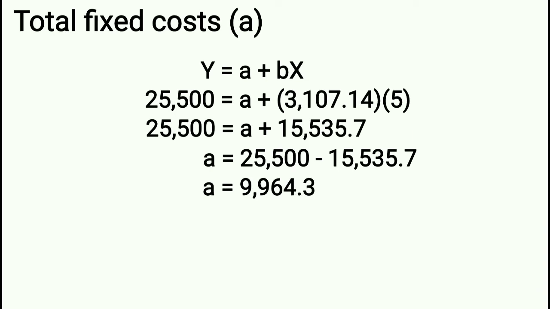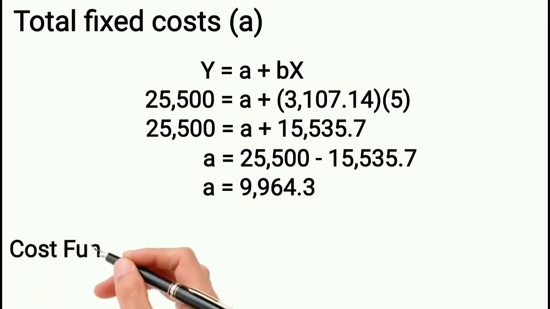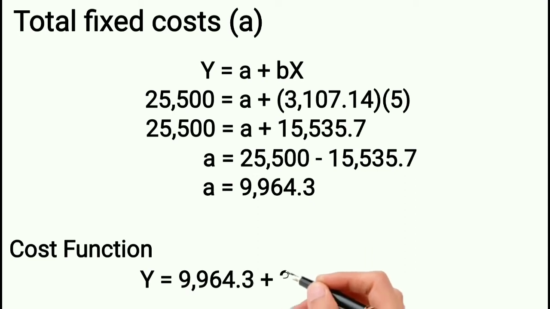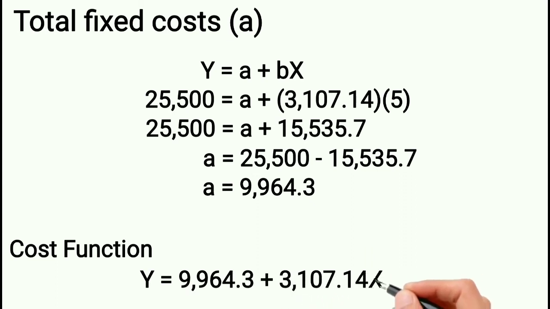And that 9,964.3, that is the total fixed cost. Although hindi ni-require sa problem na i-determine yung cost function, yung cost function para dito ay y is equal to 9,964.3 plus 3,107.14x.